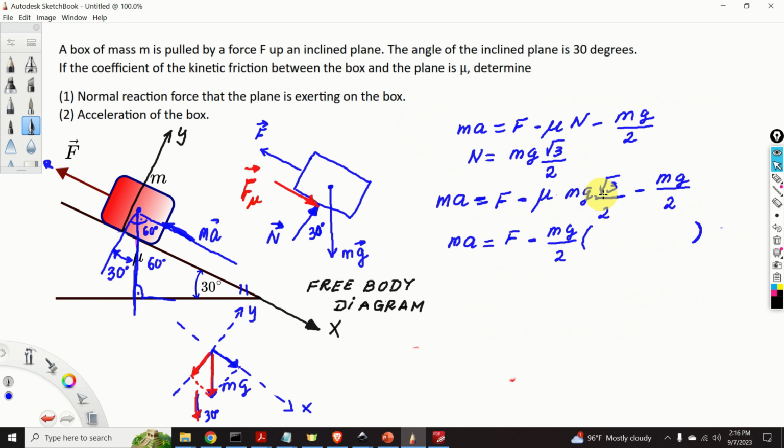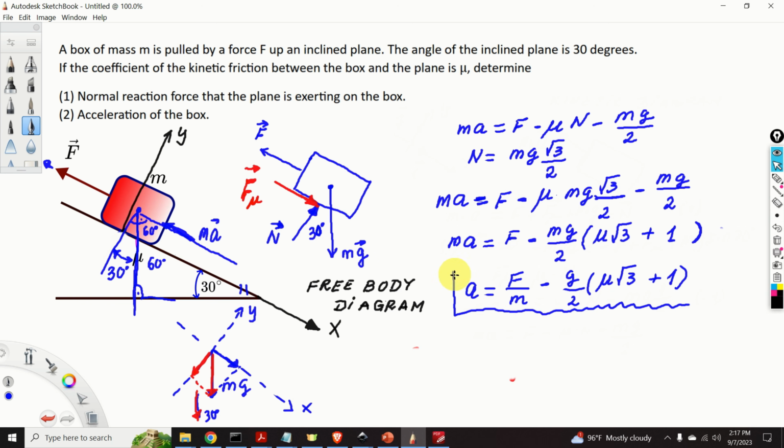From this part we have mu multiplying square root of 3, and from this part we obviously have plus 1. And if we divide this equation by m, we finally obtain A is equal to F over m minus g over 2 times mu square root of 3 plus 1. And this is the final solution for our acceleration.